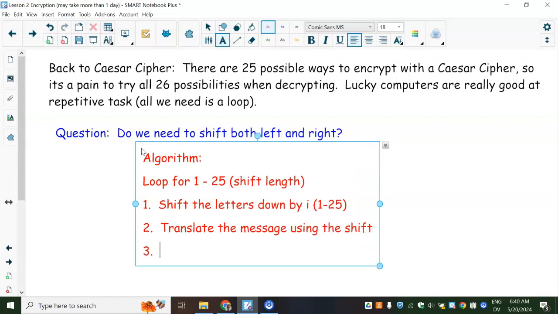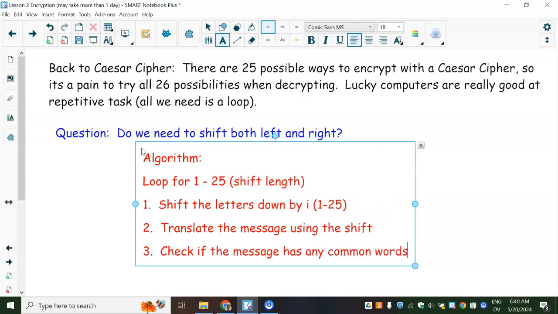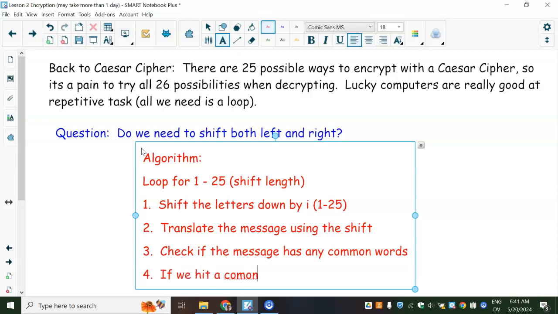Okay, so shift each letter by whatever, translate it, and then check if the message has any common words. In this program, there's an array of common words, and after we shift, if we hit any common words, we're going to print out the translated message.